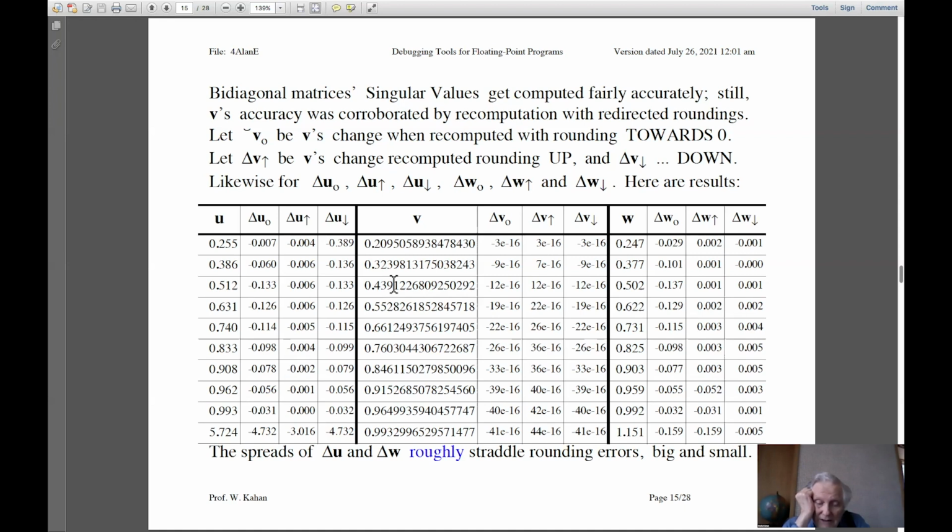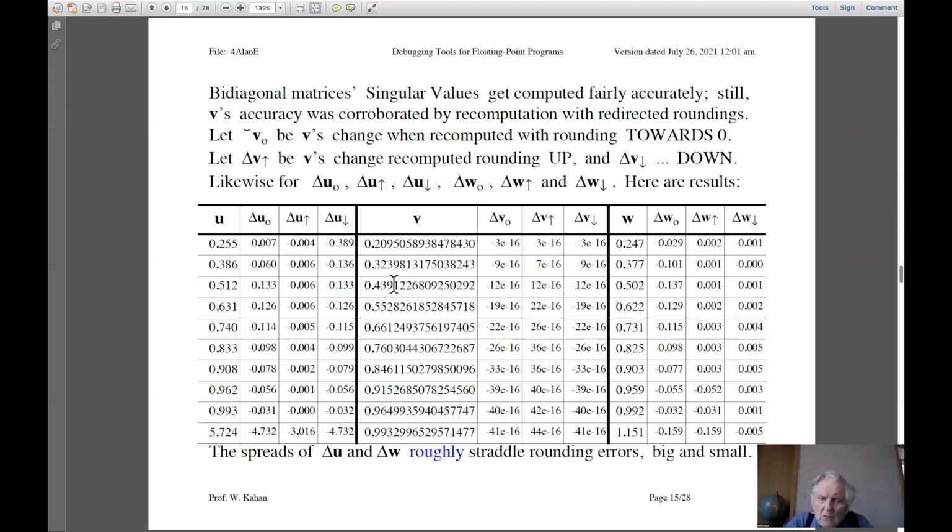Redoing the computation 4 times with different directions of rounding, it's not foolproof. There are rare instances, one could almost say, where the scheme doesn't work. But I didn't promise something that was foolproof.